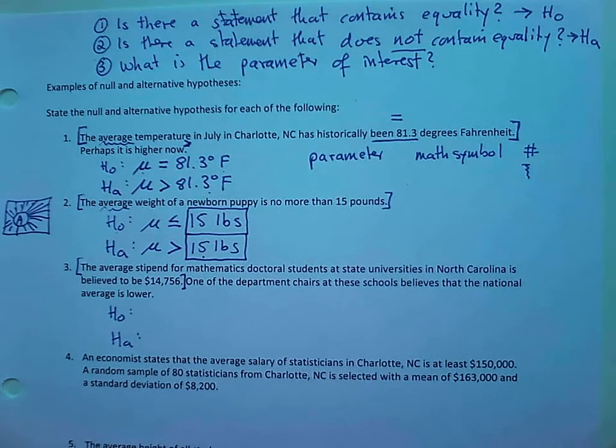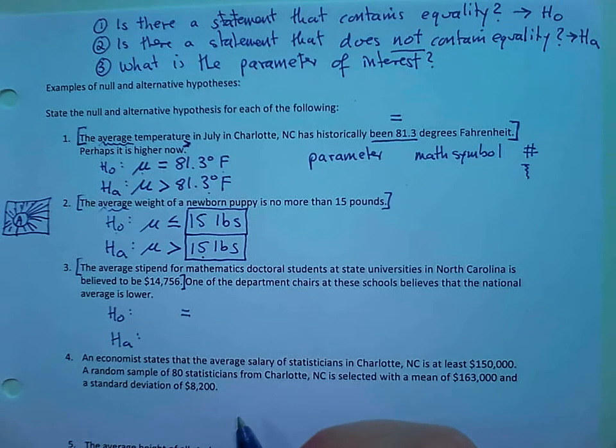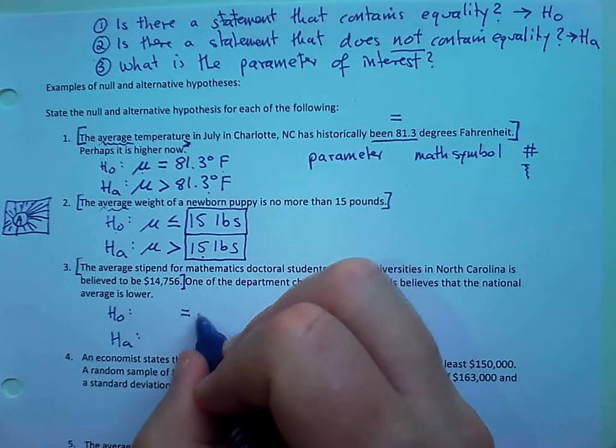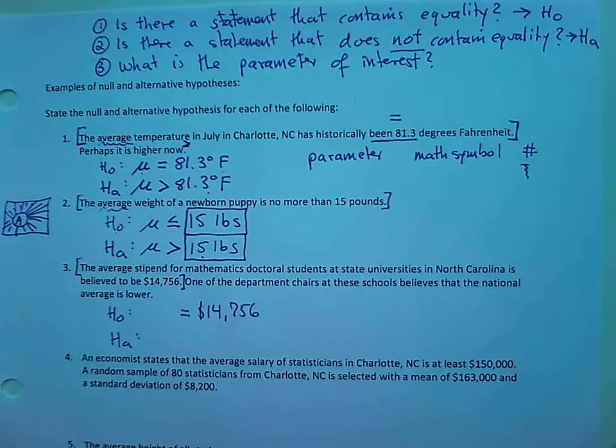It says that the average stipend for mathematics doctoral students at state universities in North Carolina is believed to be $14,756. So the math symbol that we have for that is equals to, therefore it becomes our null hypothesis, and it's equal to $14,756.